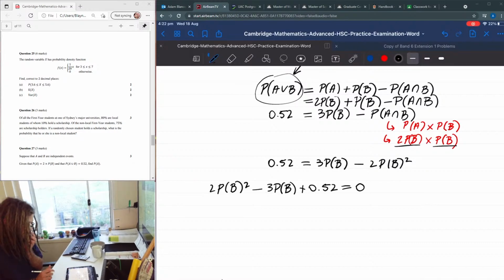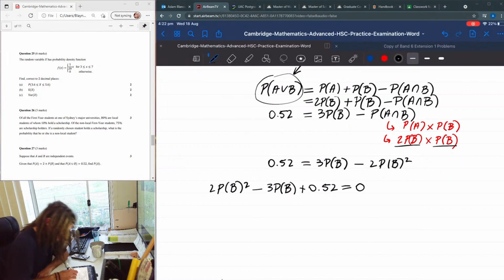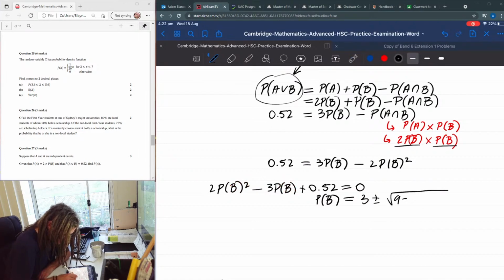Now I can use the quadratic formula. P(B) is equal to, you could make a substitution, like you just call this thing x, so then that's x squared and that's x. You could do that, but who cares? Minus b, plus or minus the square root of b squared minus 4ac, all on 2a.